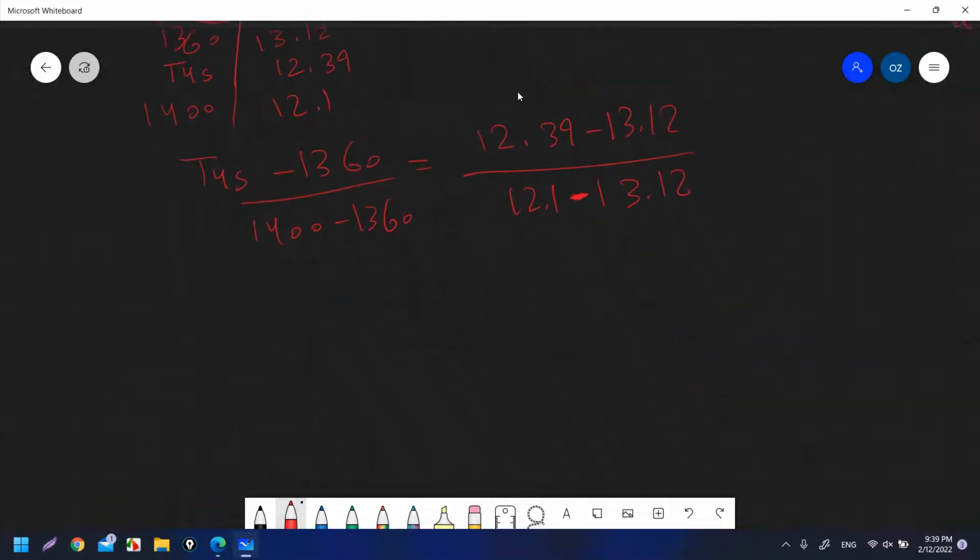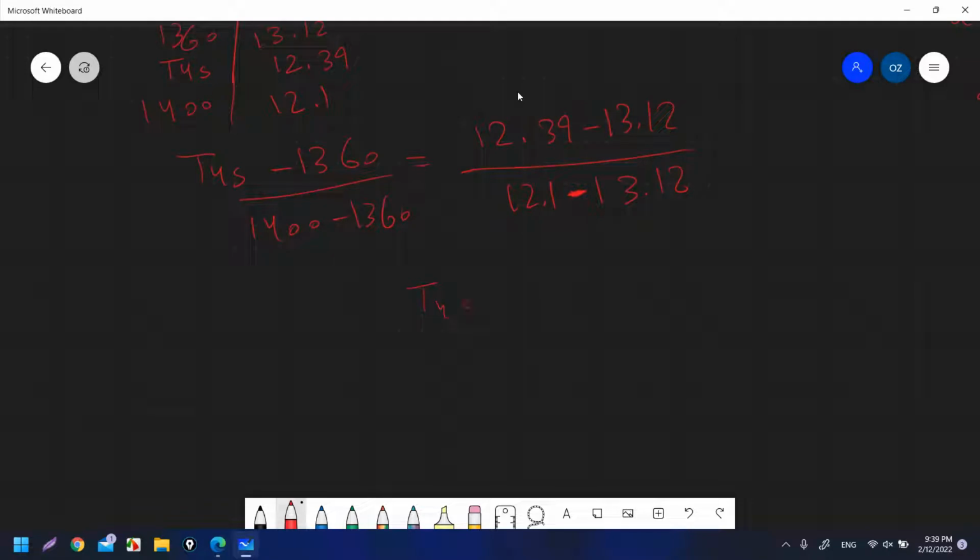So T4S is then equal to 1388.63 Rankine.